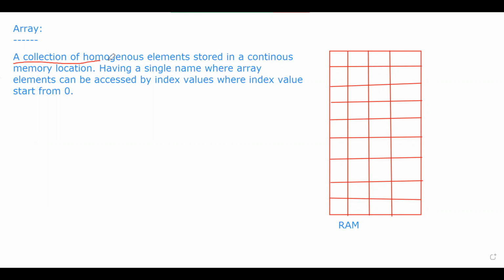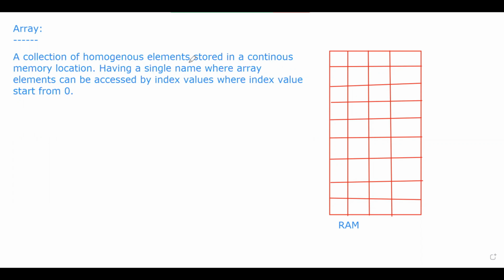A collection of homogeneous elements. What are homogeneous elements? There are two types of elements available: one is homogeneous, one is heterogeneous. Homogeneous means the same type, similar type. Heterogeneous means a different combination, different types combined together.